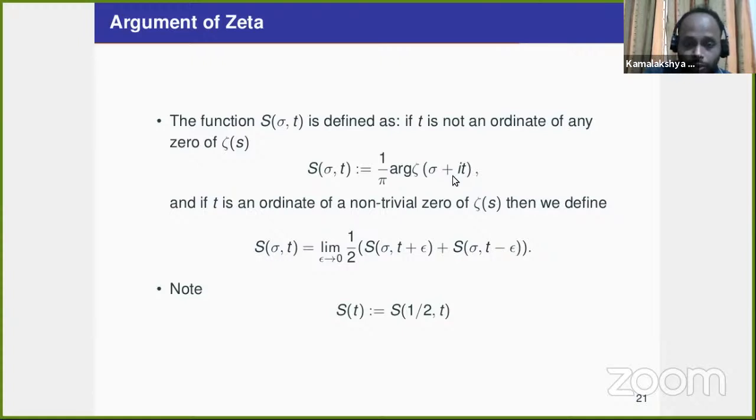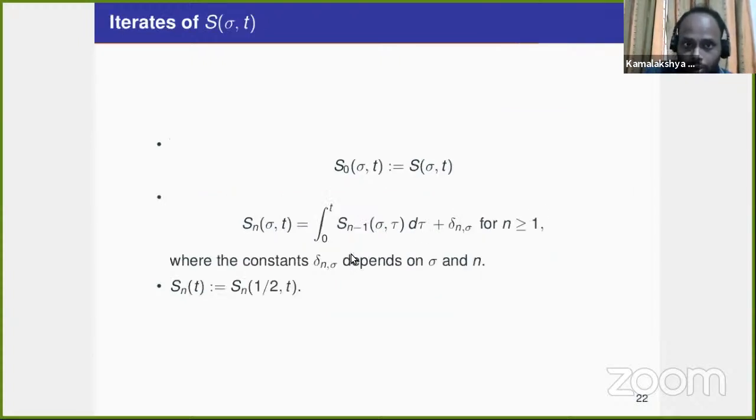And again, if we encounter a zero, then we take the limit as epsilon goes to 0 of half of S sigma t plus epsilon and S sigma t minus epsilon, the average of that. We know that S of t is S half of t, which we discussed before, and then we can define S_n by taking the iterated integrals of S. So we define this inductively.